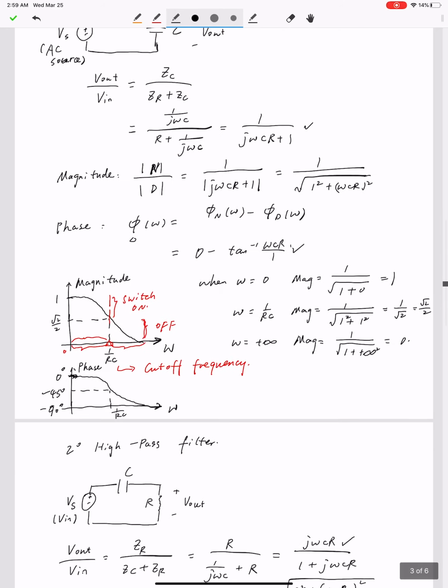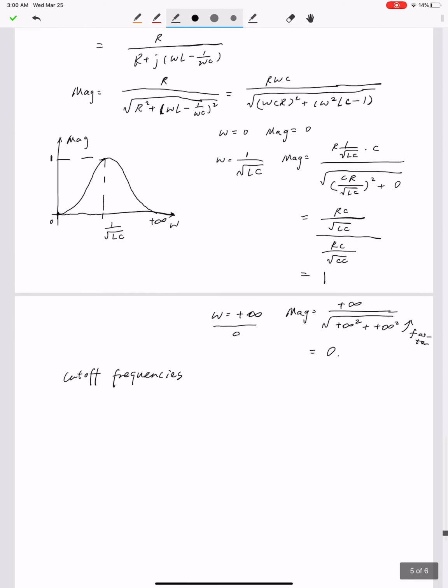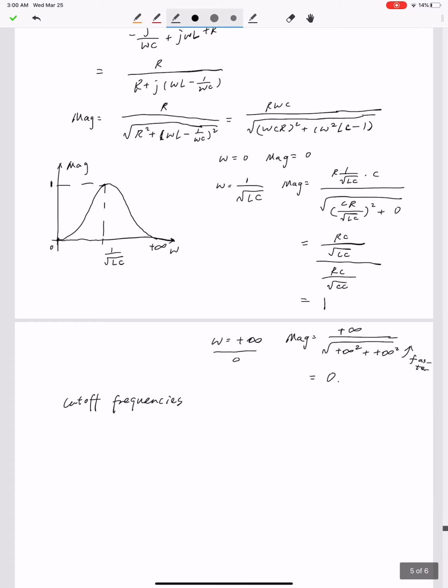And the same thing for low pass filter. When magnitude equals square root of 2 over 2, the corresponding frequency is the cutoff frequency. So this principle can also be applied on the bandpass filter. When the magnitude equals 1 over square root of 2, there are actually two corresponding frequencies. The first one is called the low cutoff frequency. The second one is called the high cutoff frequency.